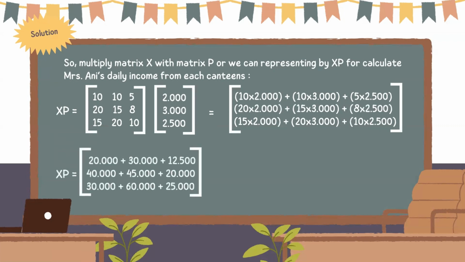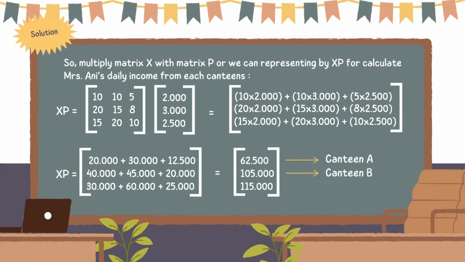Then we sum up, so we get XP with order 3 times 1: 62,500 rupiah, 105,000 rupiah, 115,000 rupiah. Remember that we let canteen A be the first row, canteen B the second row, and canteen C the third row.